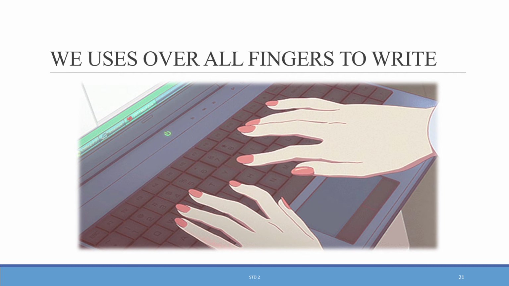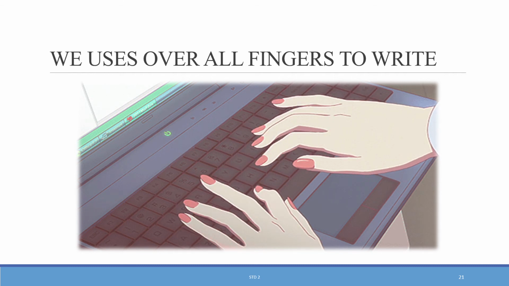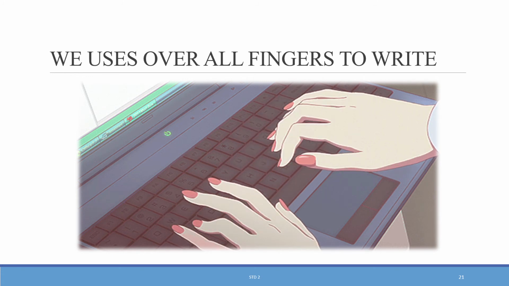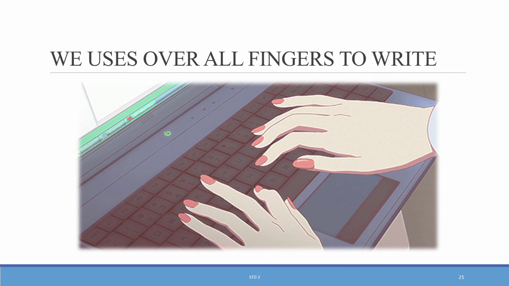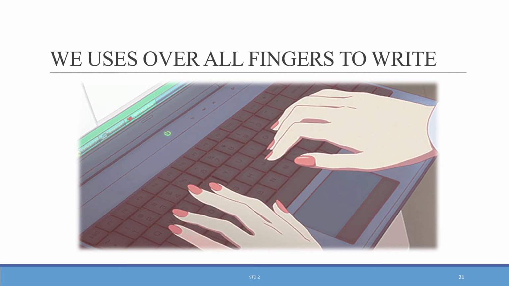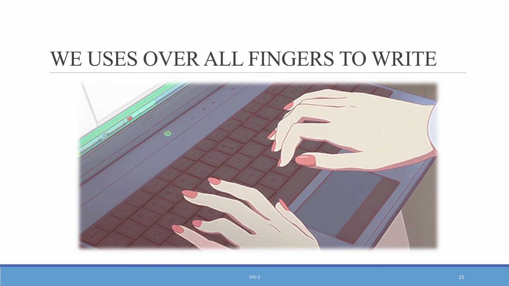So we use both hands for typing. You can see this picture, right? So the first use of a computer is to write. We write letters, numbers, documents. Yes. So for all these things we use a computer to write.